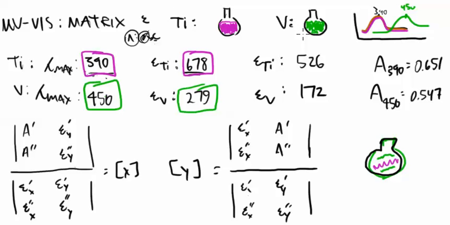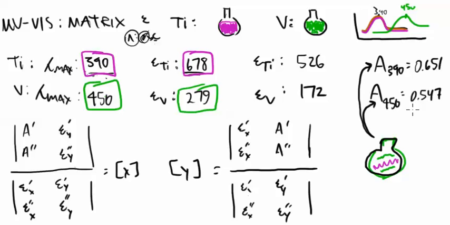Okay, so I take this mixture just like you did in your lab, and titanium absorbed at 390, so I'm going to run this mixture at 390, and I get an absorbance of 0.651. And then the other piece is vanadium. So I take this unknown mixture and run it at vanadium's wavelength at 450, and I get another absorbance, 0.547.